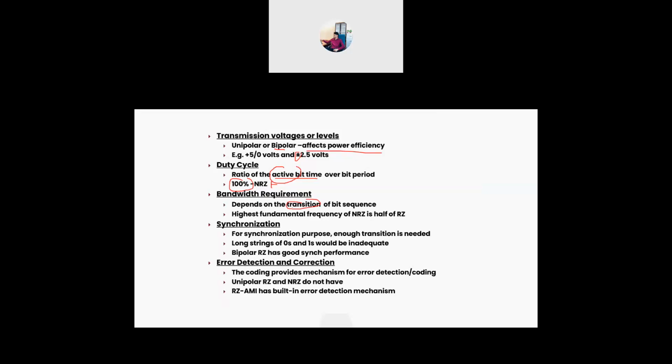When you transmit a stream of bits, there will be transitions in the bit sequence, and this is what determines the bandwidth. If there is a transition, the highest fundamental frequency of NRZ, non-return to zero, is half of RZ, return to zero.